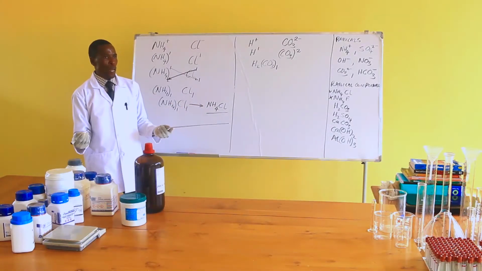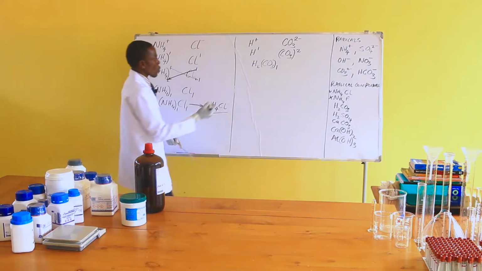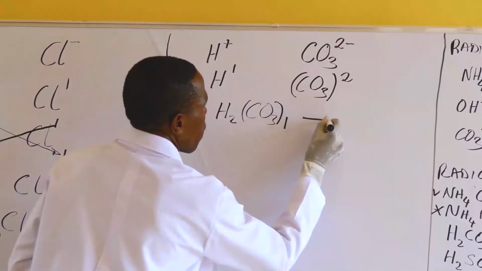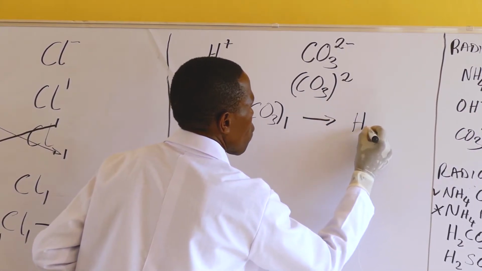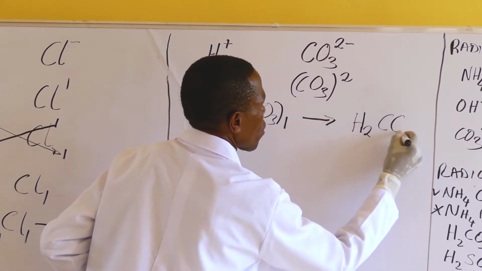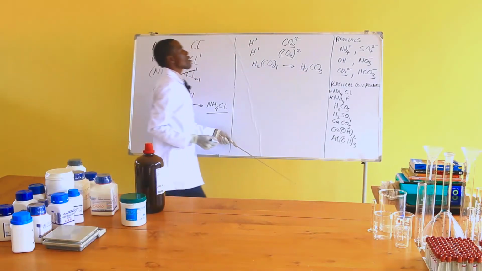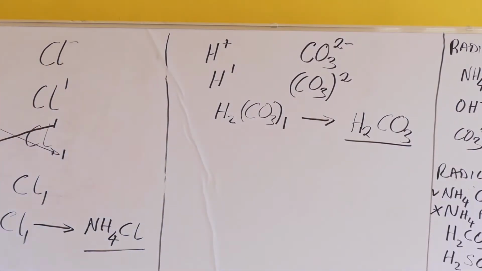And if we don't have a number to write outside the bracket, there is no need of having a bracket. So finally, we have the chemical formula H2CO3, with no bracket. This one is called hydrogen carbonate.